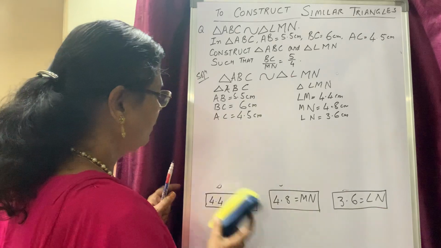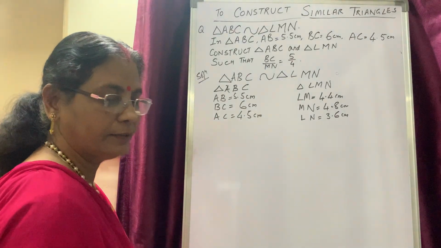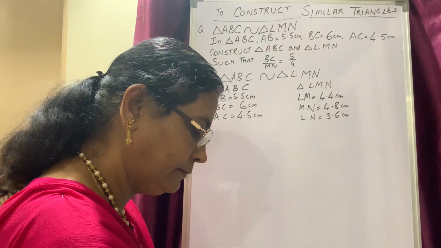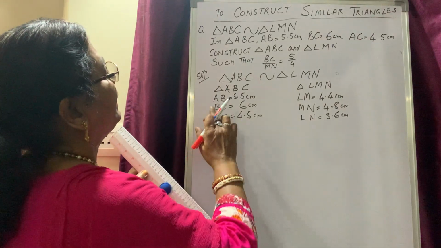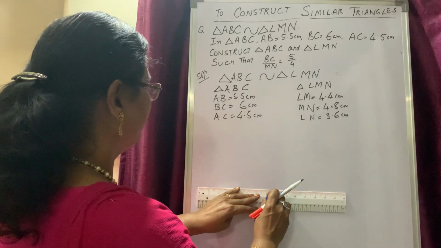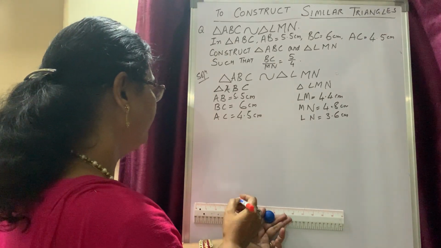Now let us draw the two similar triangles. For that, first we will take AB equal to 5.5 centimeter. So here I will take 5.5 centimeter.